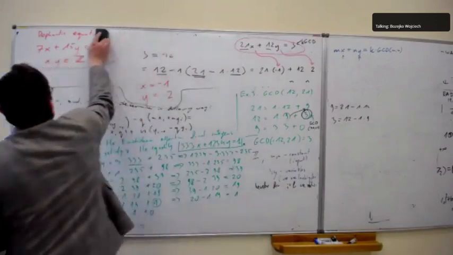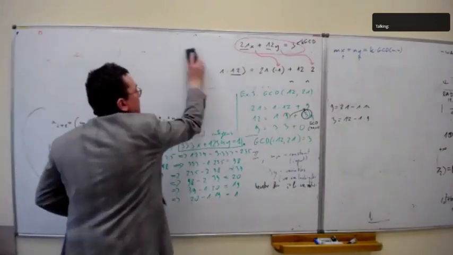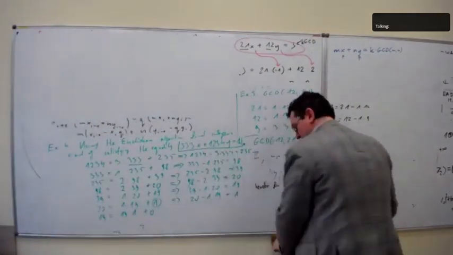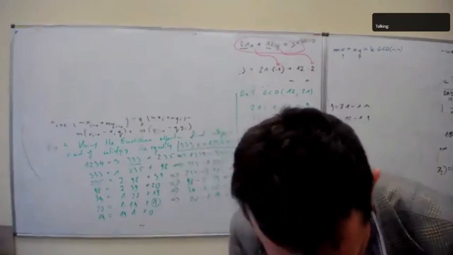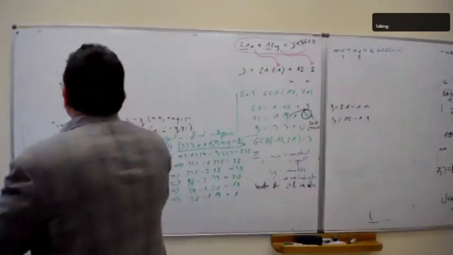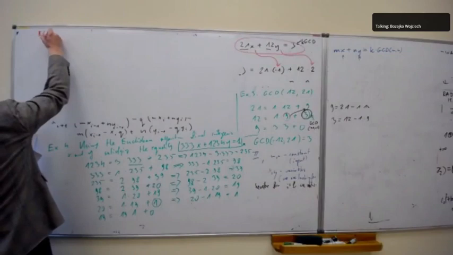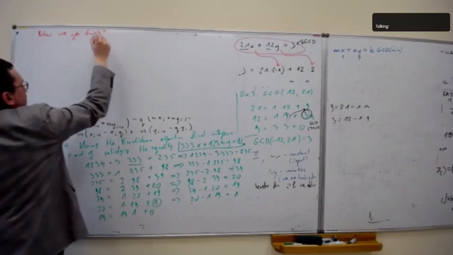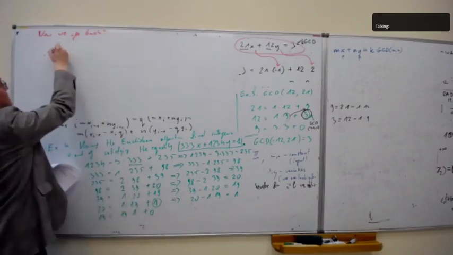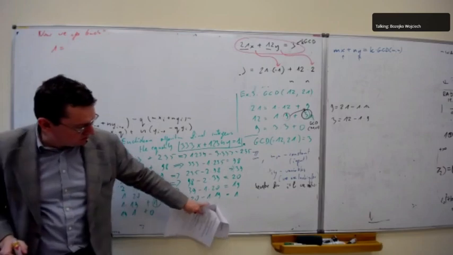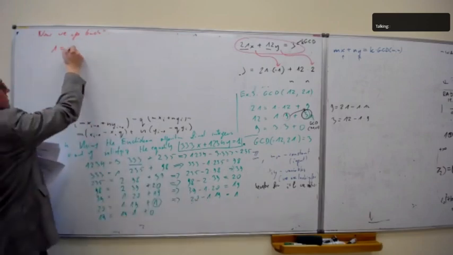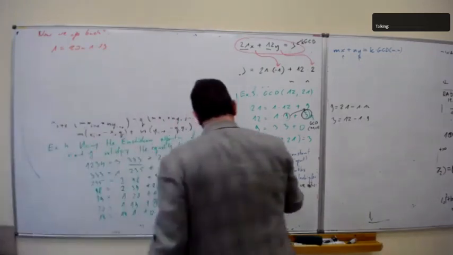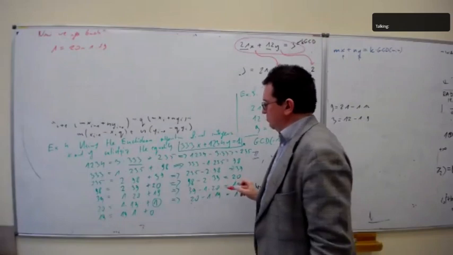Okay, might be here. Let us use another color. Now we go back. So 1 from here is 20 minus 1 times 19. 19 here is 39 minus 1 times 20.